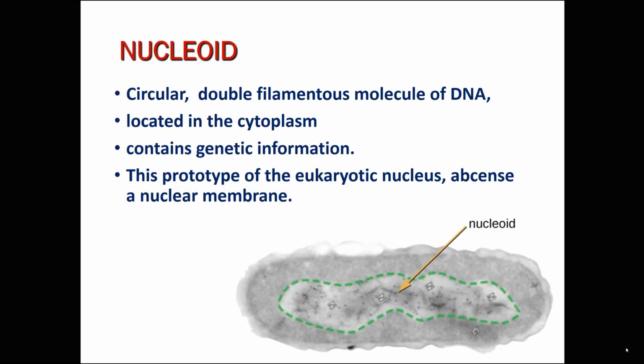Nucleoid has a circular double-stranded molecule of DNA, located in the cytoplasm, containing genetic information, and it is a prototype of the eukaryotic nucleus with absence of nuclear membrane.